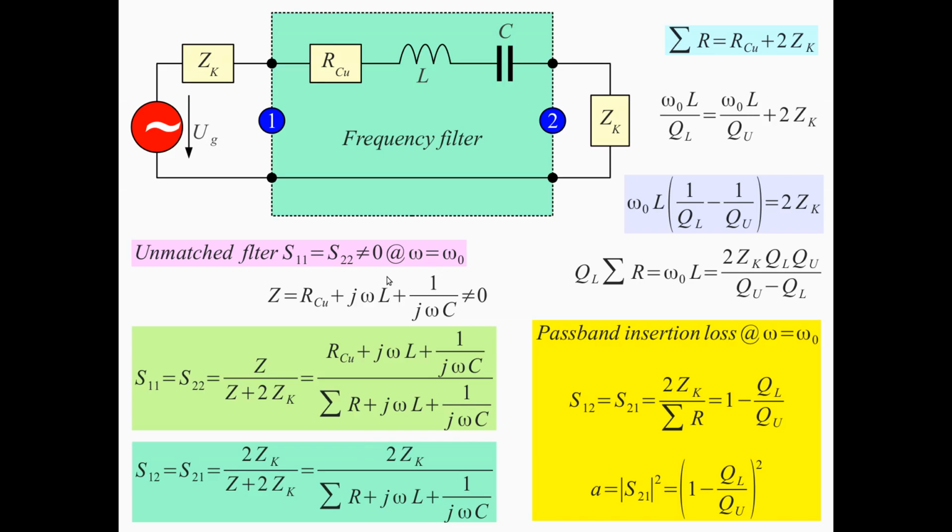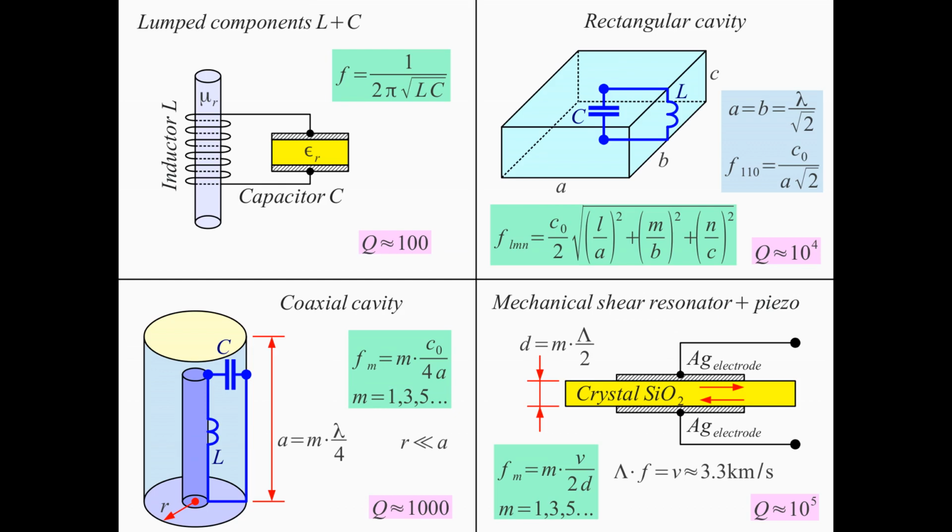So we have to understand that Q unloaded is actually a limiting parameter of my filter design. I cannot design any filter with any component. I can only design filters that require a smaller Q loaded than the Q unloaded. And this is a technology issue, and that's the reason why I'm going to require resonators with higher Q. This Q of 100 can be used in some simple radio receivers, but that's all.